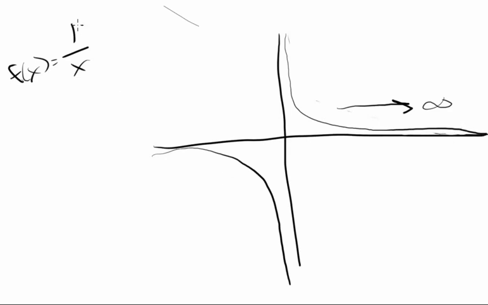And that kind of makes sense. If you look at our function here, 1 over a huge number is going to be small. So 1 over 2, 1 over 4, 1 over 100, 1 over a million. As that denominator gets bigger and bigger, the entire number gets smaller and smaller and approaches 0.